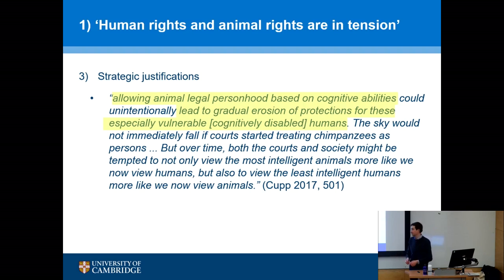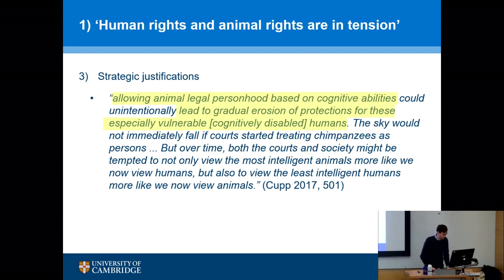It's a foundational strategy. It's a very dangerous one because it could unintentionally lead to the gradual erosion of protections for the especially vulnerable, in this case cognitively disabled, human beings. Because it might turn out that they lack those relevant features, right? That animal rights thinkers are saying it's all about.